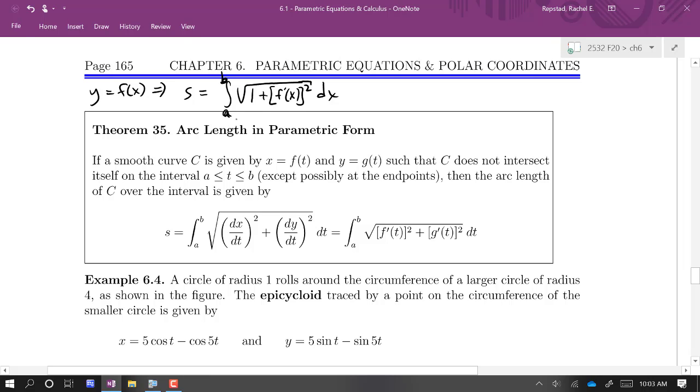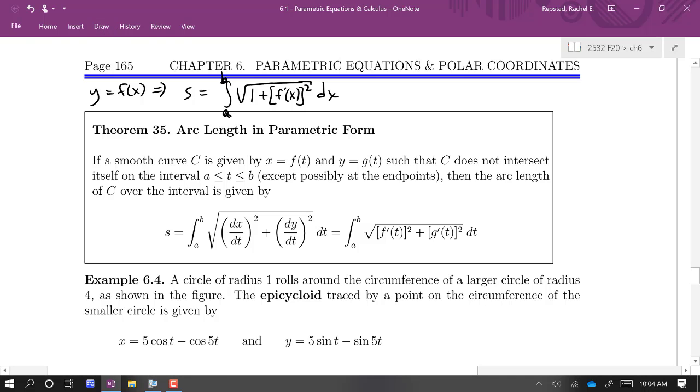This is similar. We are integrating with respect to t this time, but you can see that the integral formula looks pretty similar, but we're just going to take the sum of the squares of the two derivatives. So dx/dt squared plus dy/dt squared. Throw that under a square root. Integrate with respect to t over the interval from a to b.